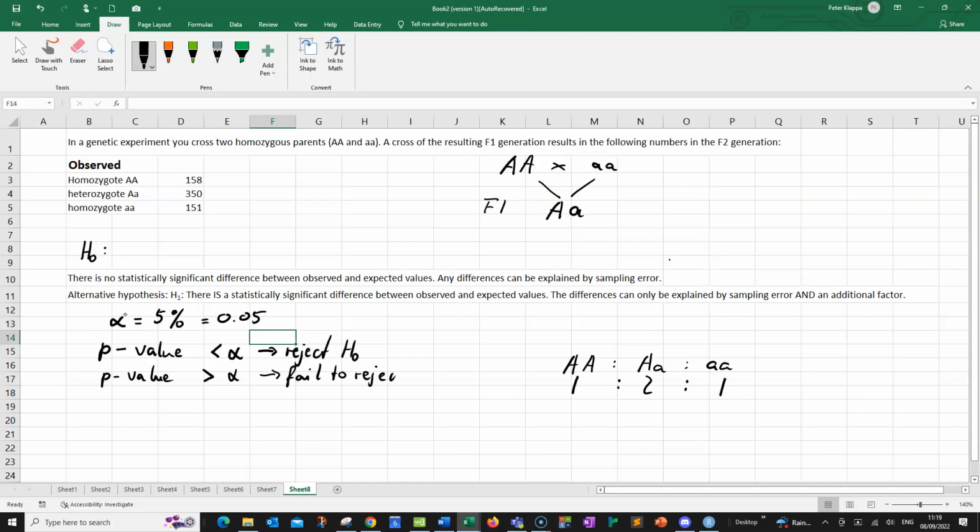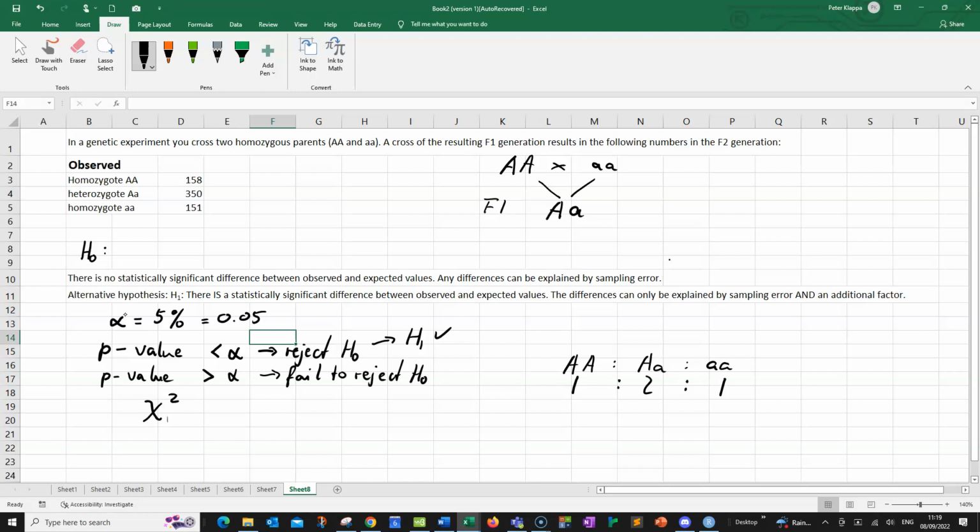So we would more or less accept the null hypothesis, whereas in the other case we would say the alternative hypothesis is correct.